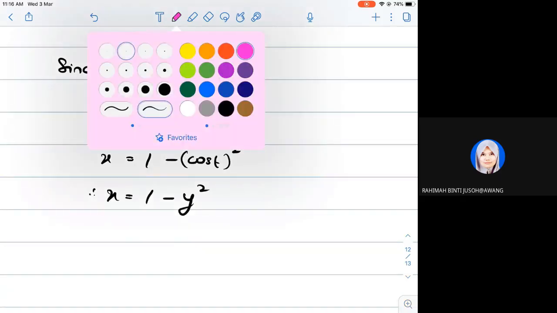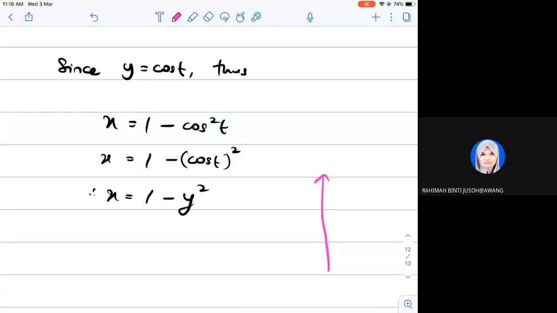You all kan dah expert tadi, parabola dia jadi apa guys? Apa subjek kita sekarang? X ke y? X. So kanan kiri? Right or left? X sebagai subjek.